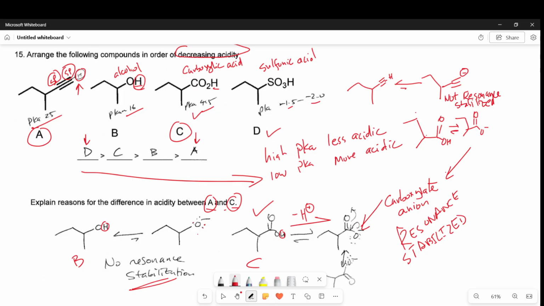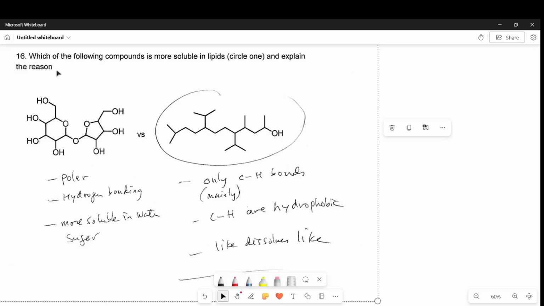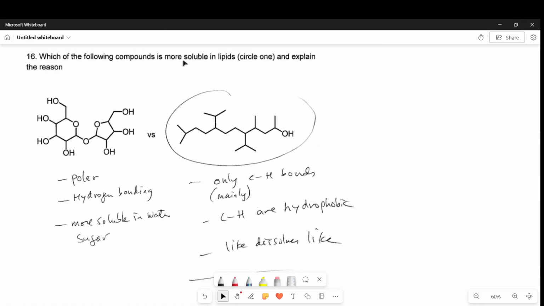Okay, now we'll continue to the last question in this test. Number 16 asks you which of the following compounds is more soluble in lipids. Lipids are hydrophobic substances, and which one is more soluble in lipids?